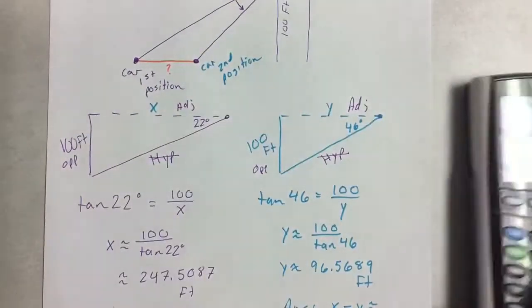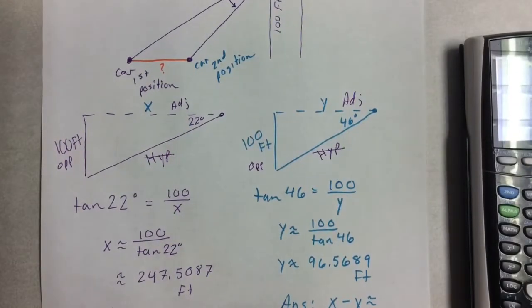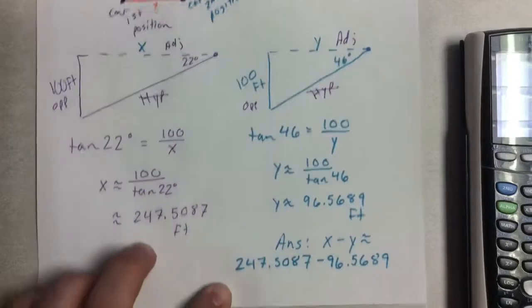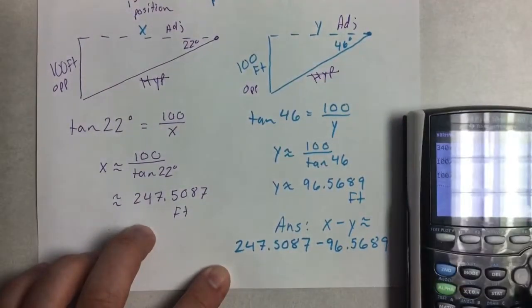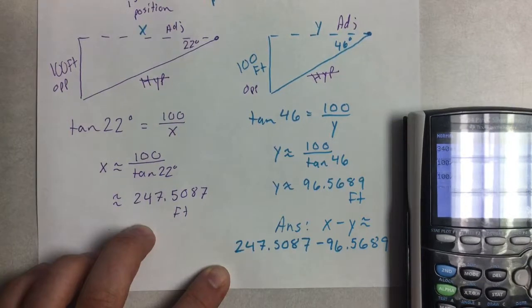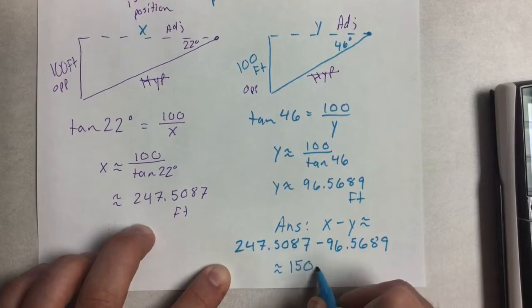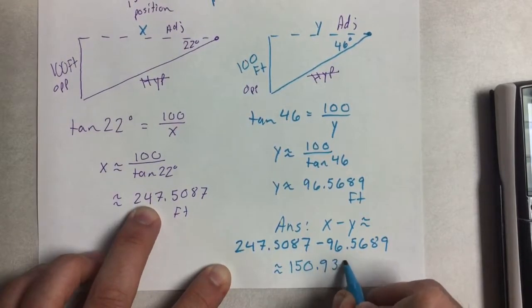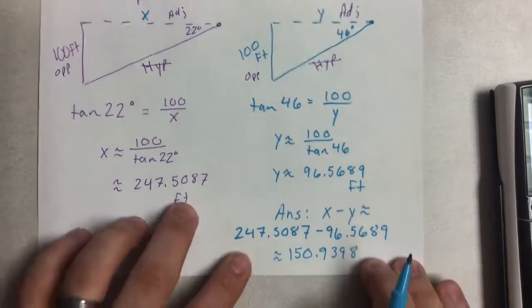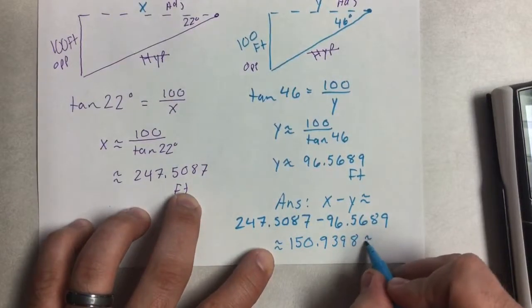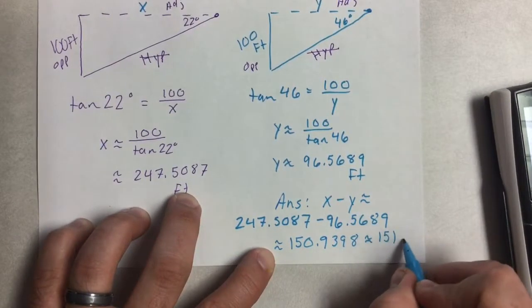So the distance traveled will be our difference. And we find that we get approximately 150.9398, and you could definitely argue that this is 151 feet.